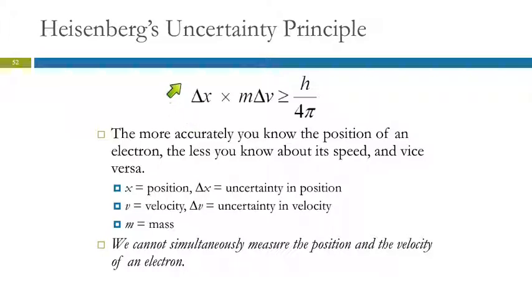So the uncertainty in its position, that's delta x, times the mass times the uncertainty of the velocity must be greater than or equal to Planck's constant divided by 4 pi. So we cannot simultaneously measure the position and the velocity of an electron. It's a bummer, but it is.